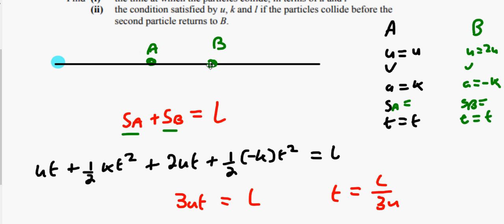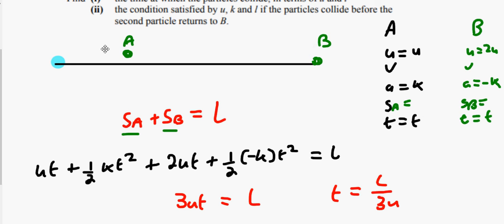B stops moving, turns around and starts heading back towards its initial position. Is it possible for B to stop and start moving backwards? Why is it possible? Deceleration. So if the deceleration continues after rest, you can stop and move backwards. A is probably catching on it, but B could potentially go back to its original point before A collides with it. That in theory could happen, couldn't it?